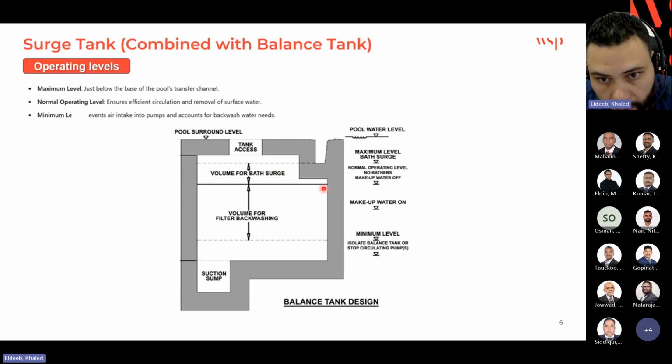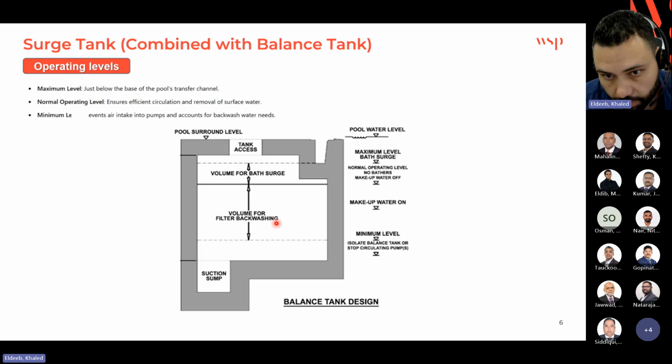And then the next one, the normal operating level. This level happens when there are no swimmers in the pool, nobody using the pool, just the pool circulating to do filtration. And then we have the minimum level here.